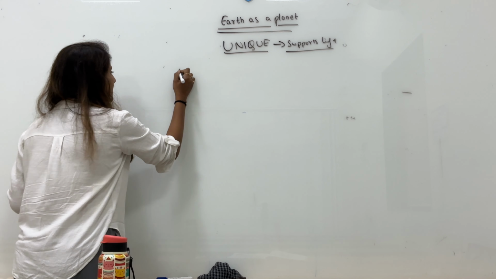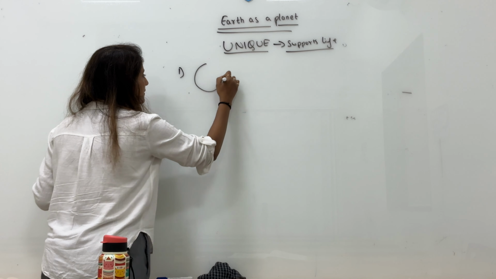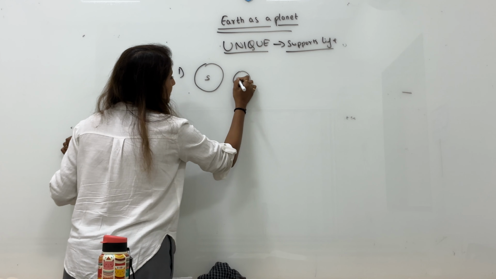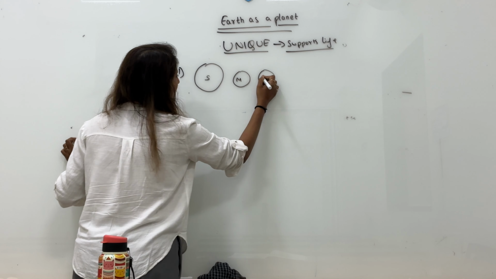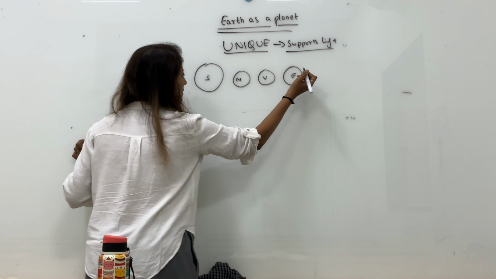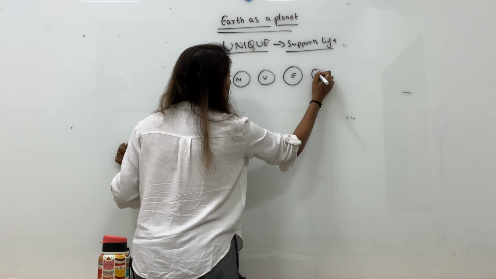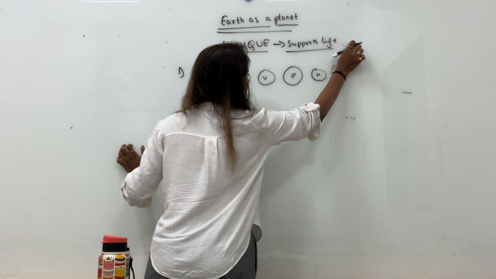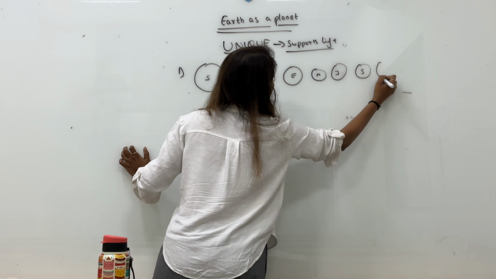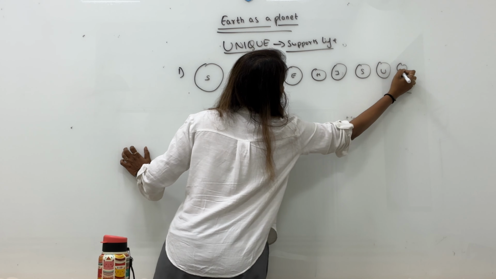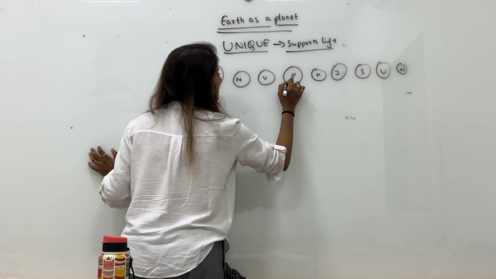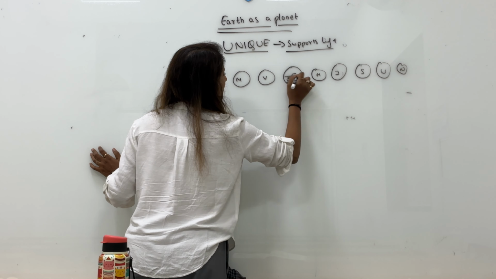So the first is, see, this is Sun, this is Mercury, I'm just writing the first alphabet, Venus, our Earth, Mars, Jupiter is quite big, Saturn, Uranus, Neptune. Now if you see our Earth, okay, this is our Earth.